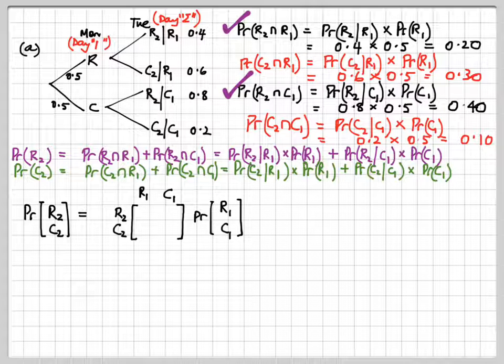That first matrix to the right of that equal sign is called a transition matrix, okay? It's so named because it is the key to enable us to transition from one day to the next day in terms of our probabilities. That's why it's called that. Anyway, you see how I've written that R2, C2, that column on the left of it, and then R1, C1 across the top.